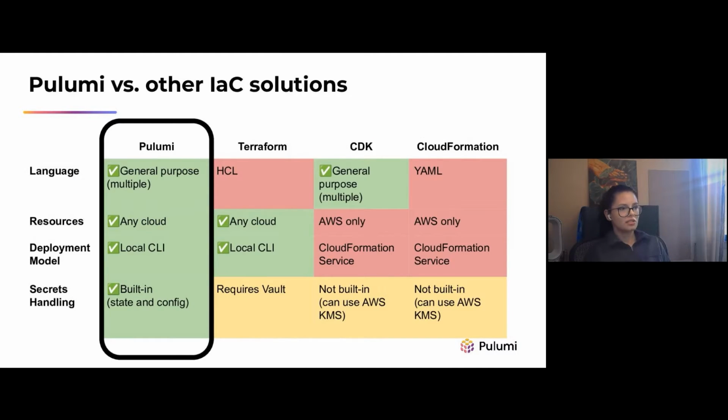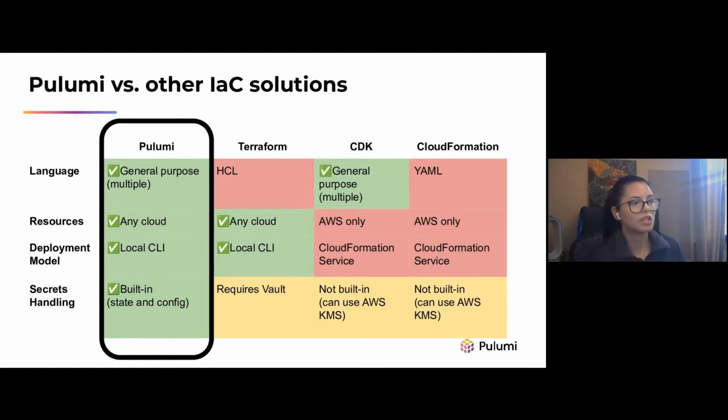So Pulumi is not the only infrastructure as code solution out there. So I just wanted to quickly compare it to the major players in the IaC space and see where Pulumi stands out. So as we said earlier, right, general purpose programming languages, we'll be using TypeScript.